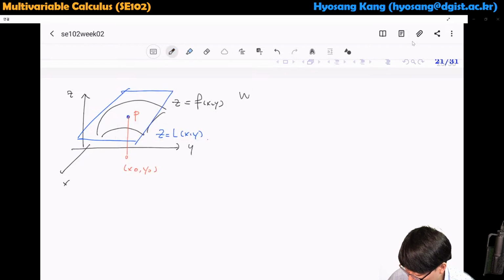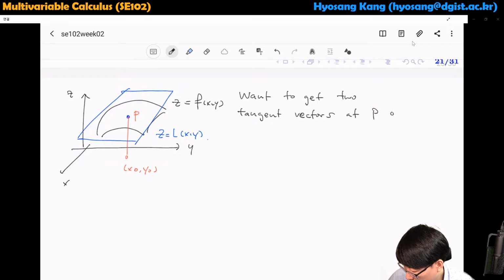I want to get two tangent vectors at P on the surface of the graph of the function. How?